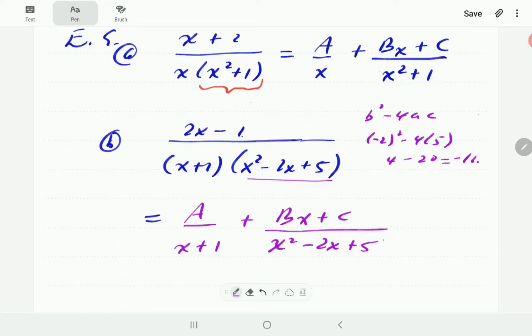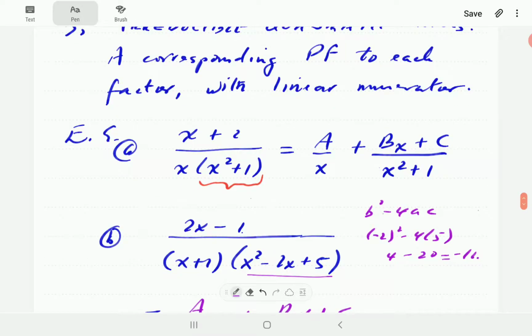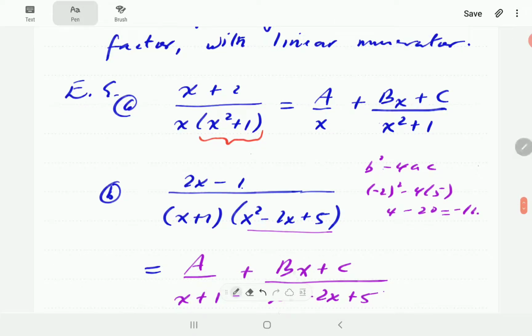All right, so that's how you set up your partial fractions. In the next video, we're going to look at how we start finding these unknown constants a, b, and c in this case.